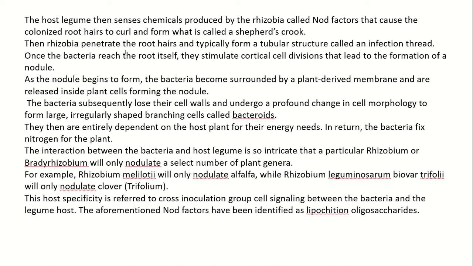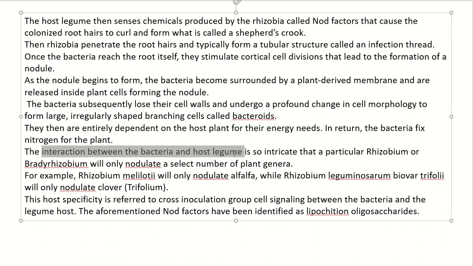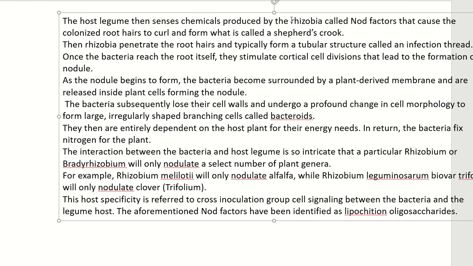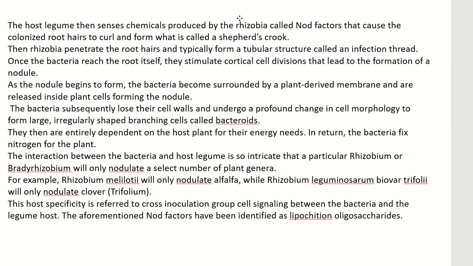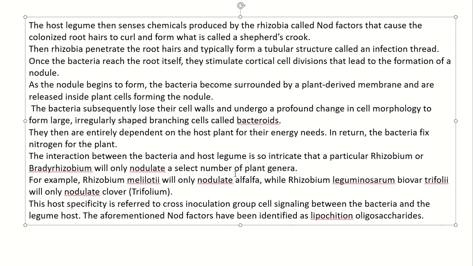So bacteria fix nitrogen for the plant. The interaction between the bacteria and nodulated legumes is so intricate that only a selected number of plant genera are nodulated by Rhizobium or Bradyrhizobium. Okay. For example, Rhizobium meliloti.